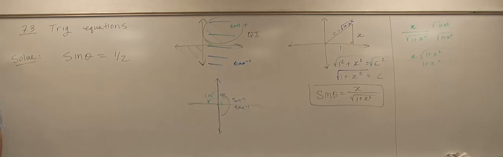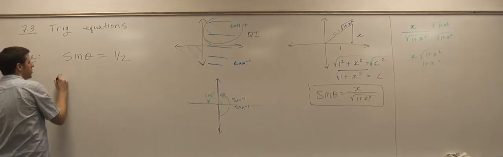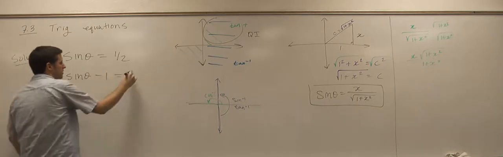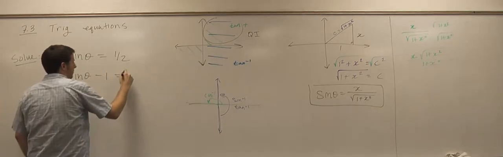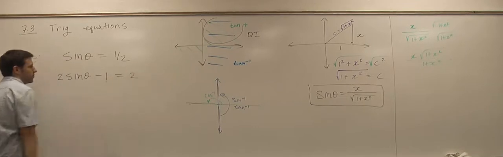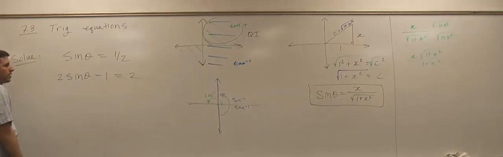Okay? Or something like 2 sine of theta minus 1 equals, I don't know, maybe 2. We want to be able to see if we can figure out what theta is.